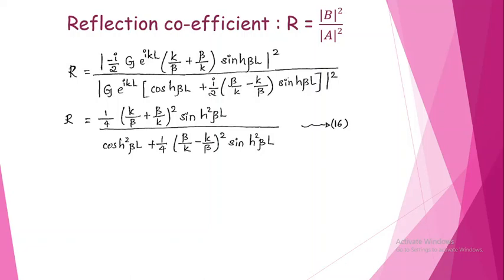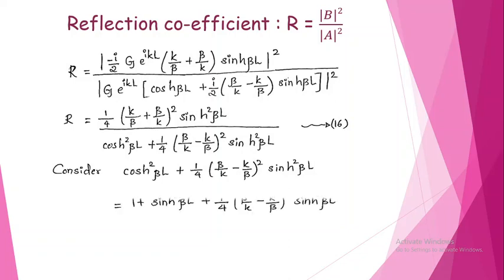In order to solve it, we need to consider the denominator, so that the simplification becomes easier. In the denominator we have cosh square of beta L plus 1 by 4 into the squared term into sinh square of beta L. Here cosh square beta L can be written as 1 plus sinh square beta L, because we know that cosh square x minus sinh square x is equal to 1.